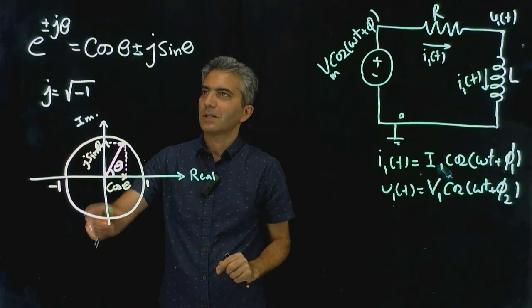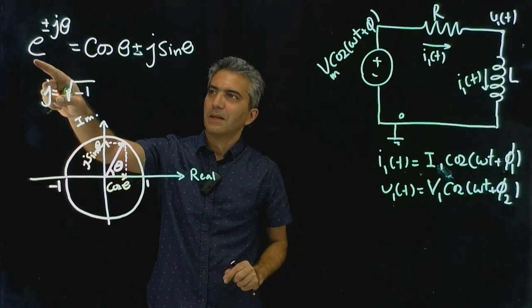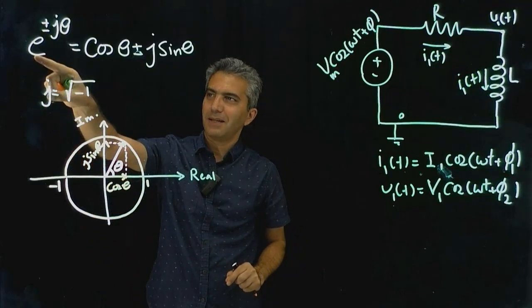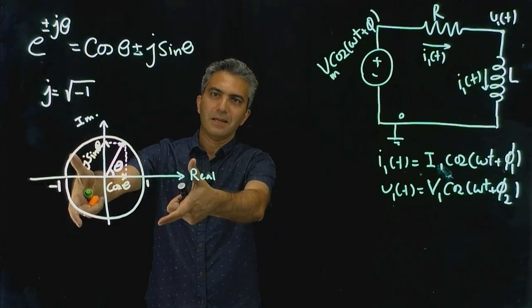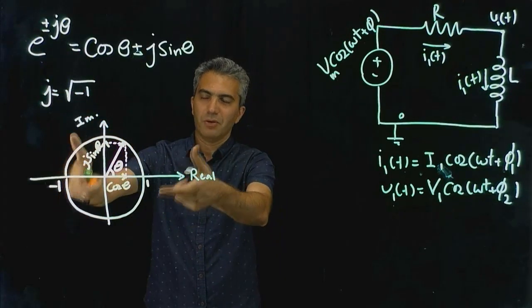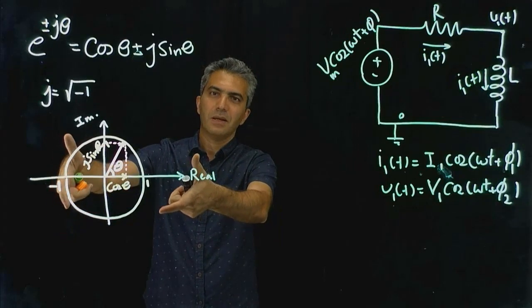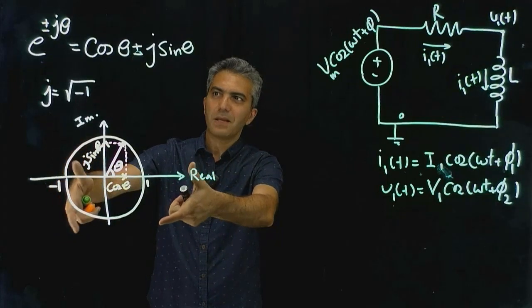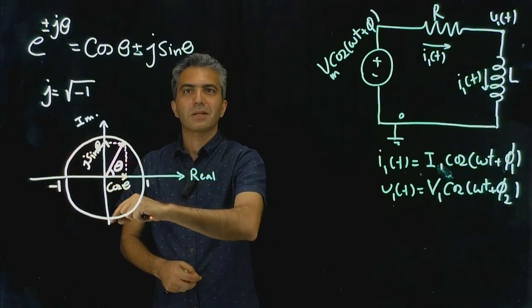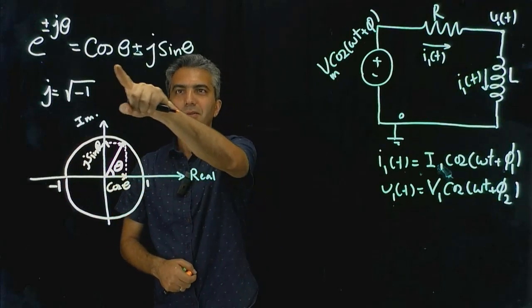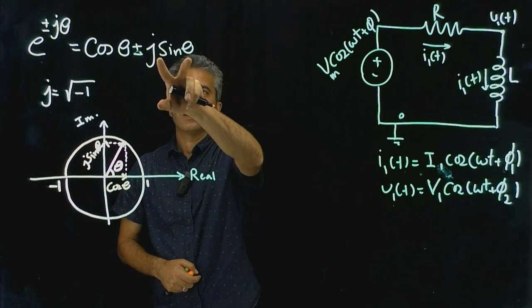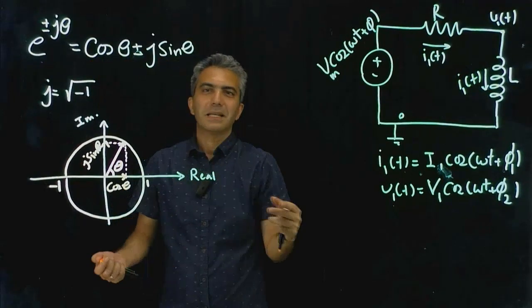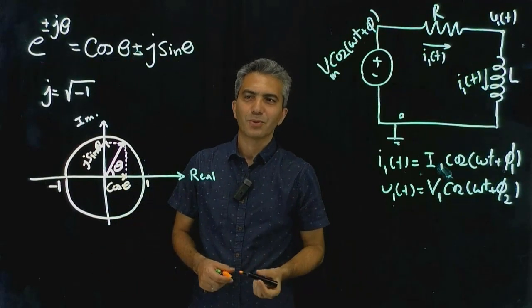In other words, if you calculate the magnitude of this vector in the complex numbers space, the magnitude is going to end up being 1. The magnitude is cosine to the power of 2 plus sine to the power of 2, and we know that that's equal to 1.